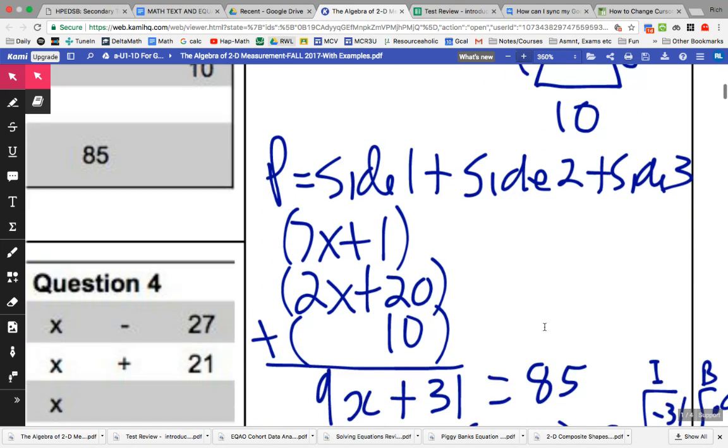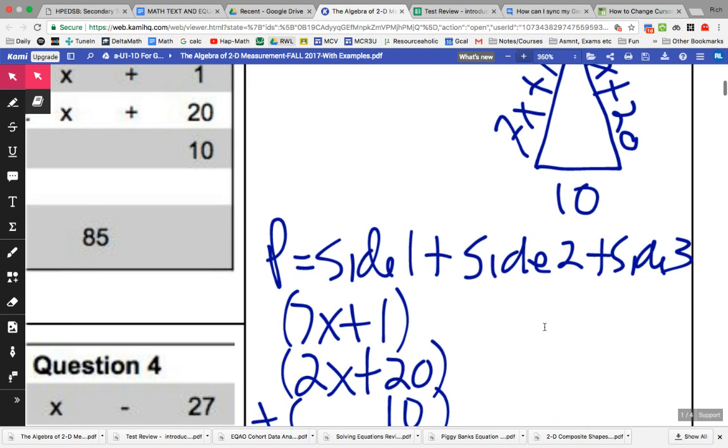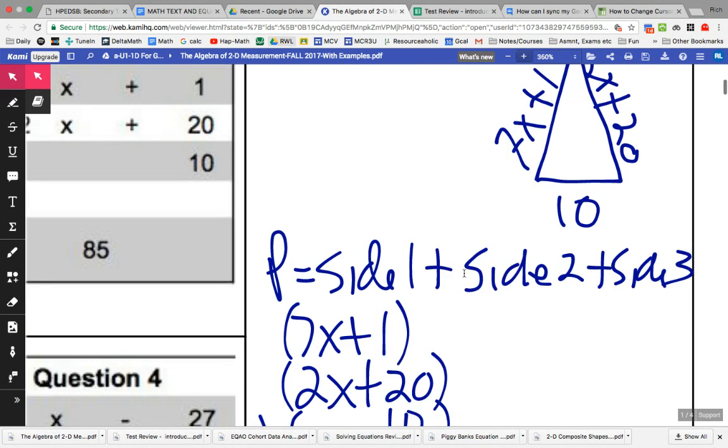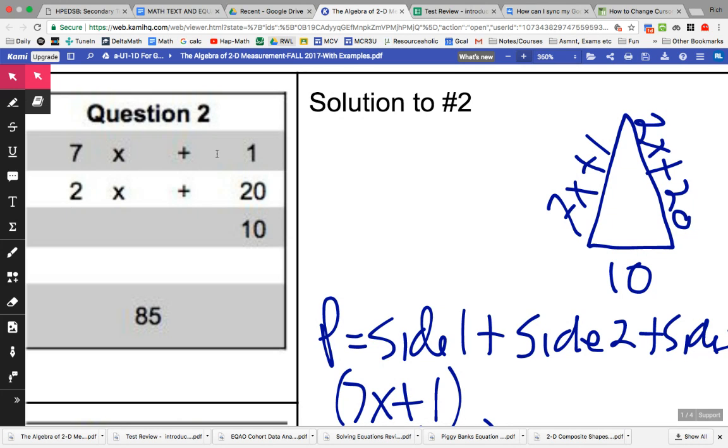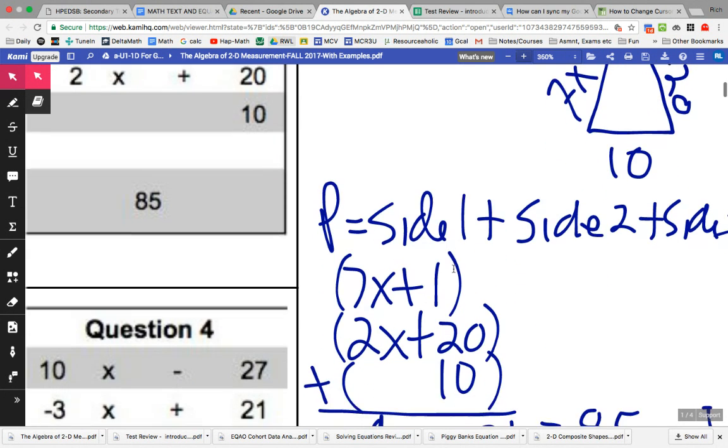By the way, pause it at any point if you don't understand what's happening. Here are the equations for side 1, side 2, and side 3, and I just made a little triangle and put them on there.